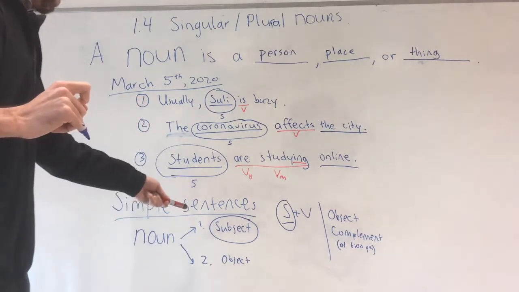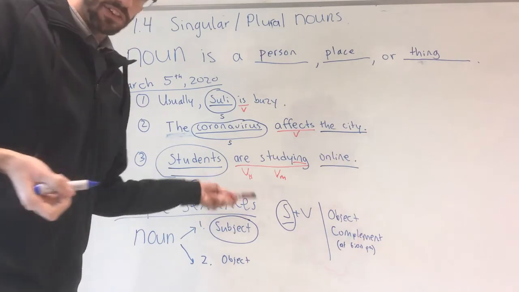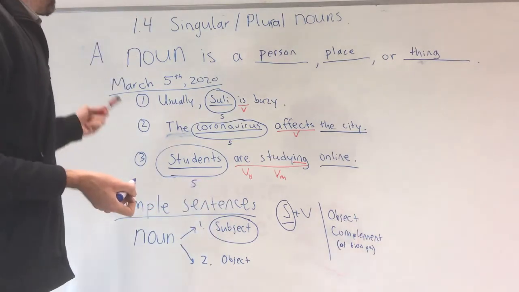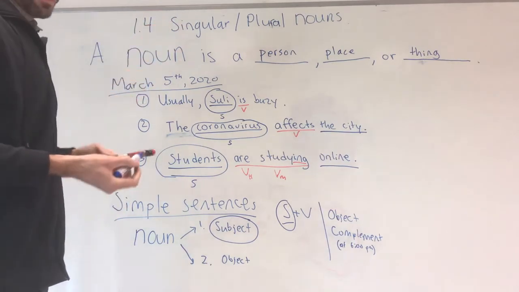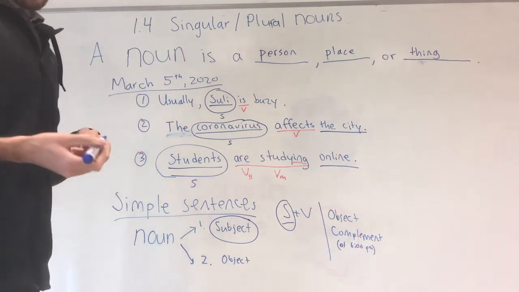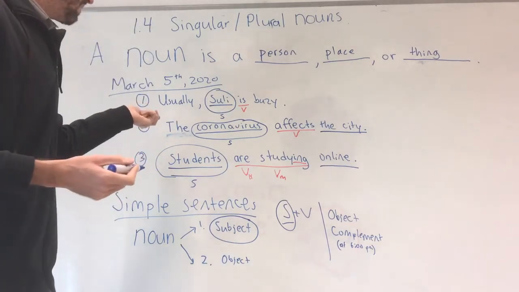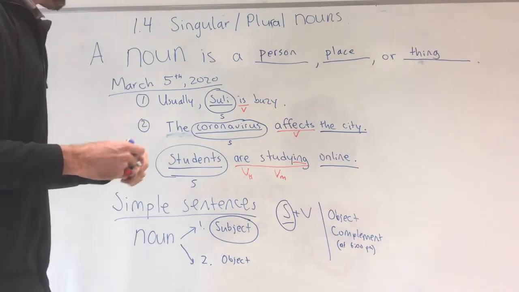So nouns, one of their jobs is to be a subject of a sentence, okay? And today's lesson is singular and plural nouns as subjects. It changes the form of the verb that you use, okay?